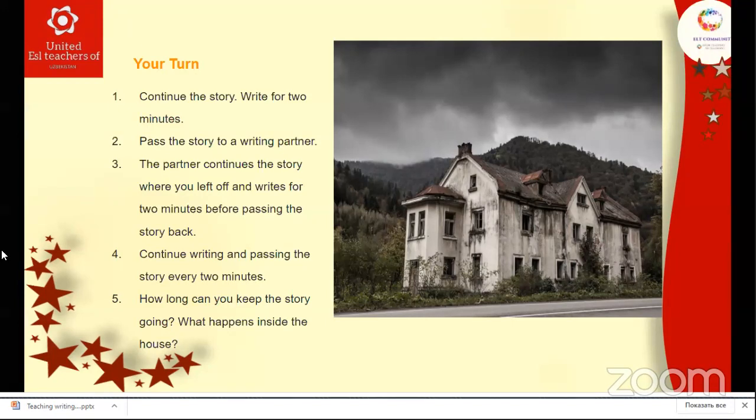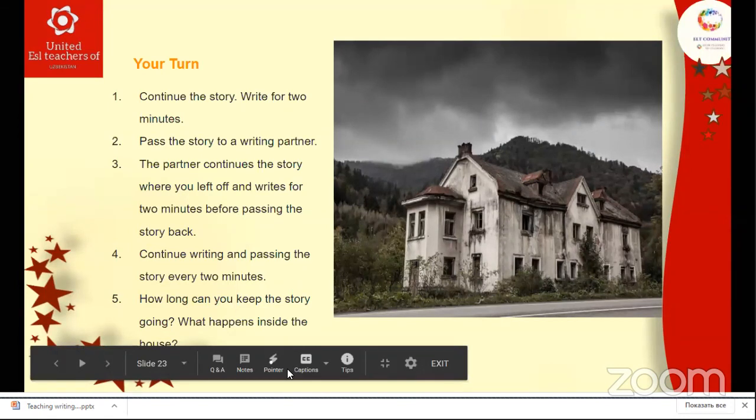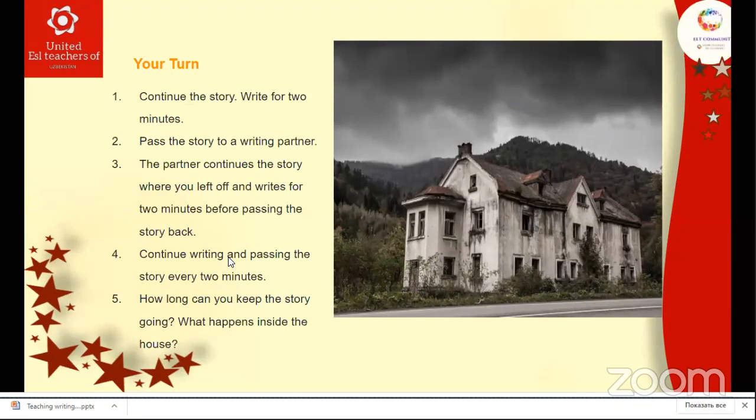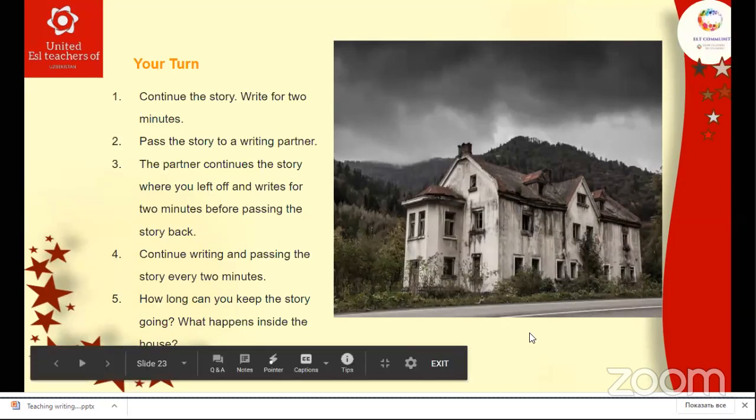What happens inside the house? I think it is a good activity for secondary school learners. And not only for secondary school learners, also for students, it's a good practice for their creativity and imagination.